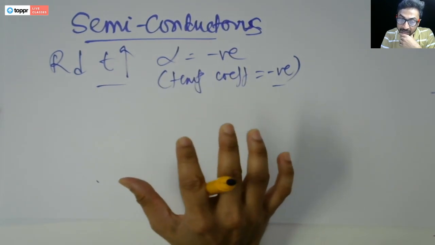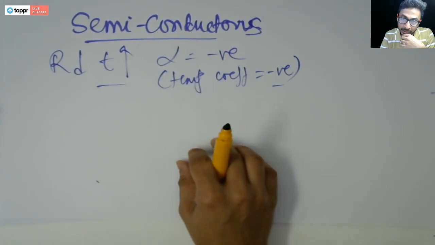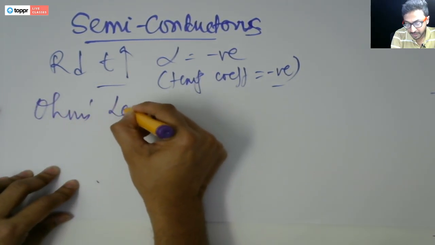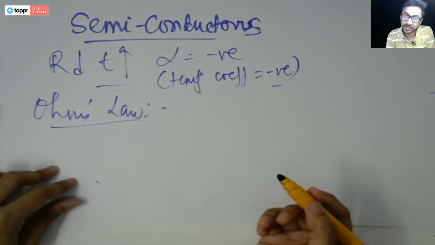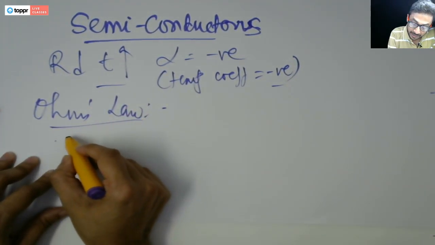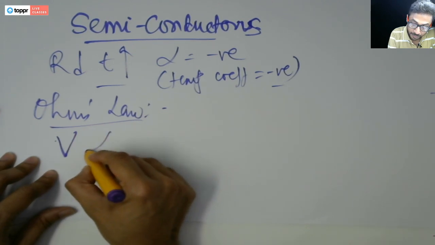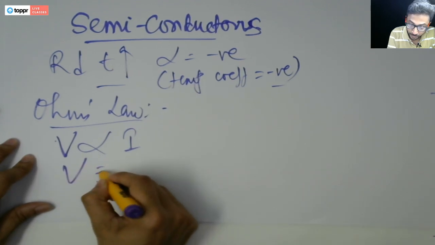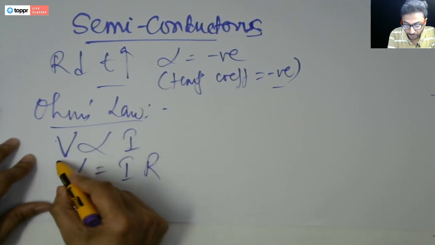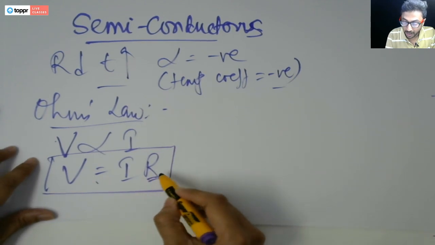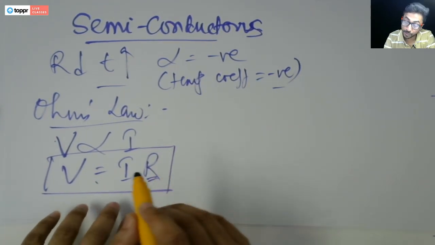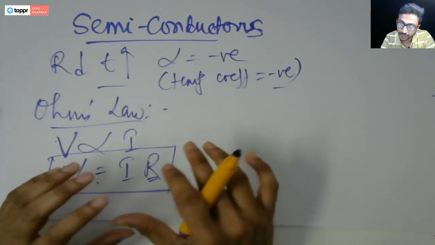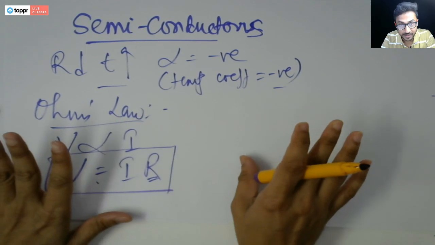Now, semiconductors you will study in detail in your electronics and modern physics chapter, but just to bring the point, all of you know Ohm's law. This we need not repeat much. Ohm's law says the potential difference V is proportional to I, or I is proportional to V. In equation form, V equals IR, where R is a resistance, provided the temperature and the physical parameters are all constant.